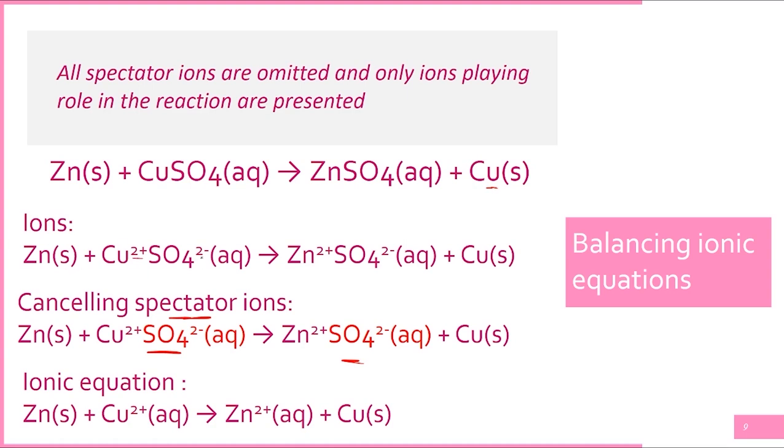We write positive 2 on the copper ion, negative 2 on the sulfate ion, positive 2 on the zinc ion, and negative 2 on the sulfate ion. Notice, the sulfate ion didn't change throughout the reaction. It appeared on both sides and didn't change, whereas zinc metal lost 2 electrons and formed zinc ion, and copper ion gained 2 electrons and formed copper metal.